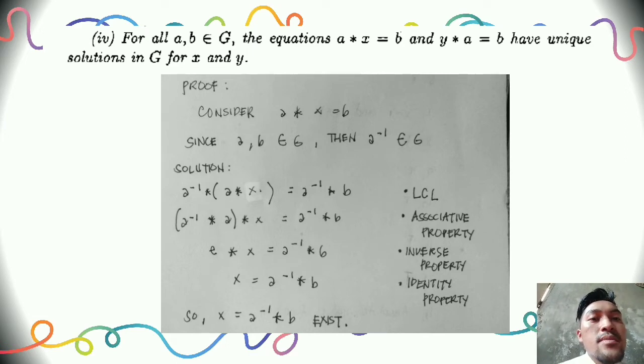The solution: A inverse star A star X equals A inverse star B. So by using the left cancellation law and then the associative property, we combine A inverse star A, and then we have the inverse, and then we have the identity property, which is E star X, and then we will have X equals A inverse star B. So X equals A inverse star B exists.